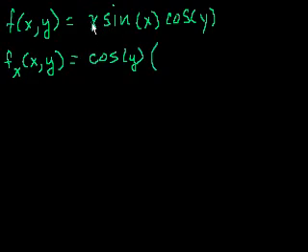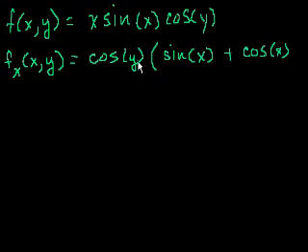So the derivative of the first term with respect to x, well, that's just 1 times the second expression, so it's sine of x. I'm just doing the product rule here. Plus the derivative of the second expression, that's cosine of x, times the first expression, times x.